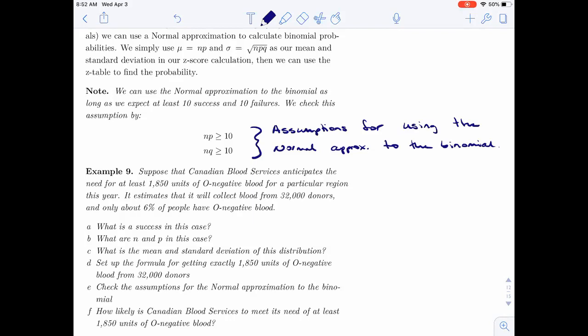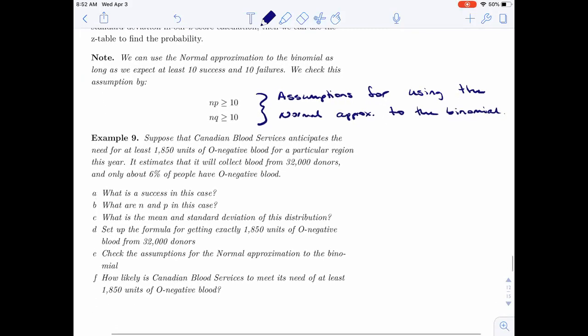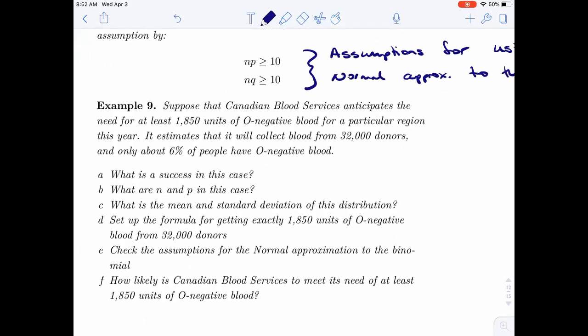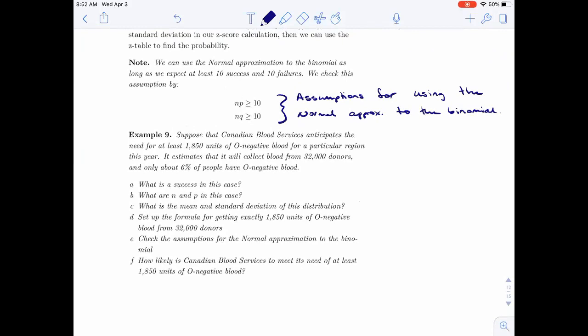It's less than the proportions, but they're the same.